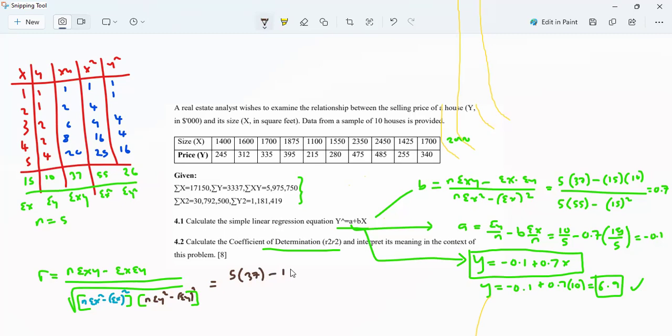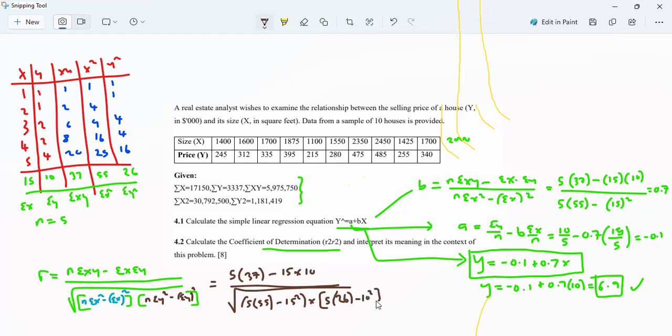So 5 on 37 minus 15 on 10, over the square root of what? This down here, 5 on 55 minus 15 squared, the answer times now the new 5 times Y squared here, which is 26, minus 10 to the power 2.